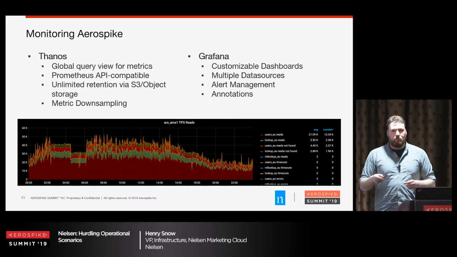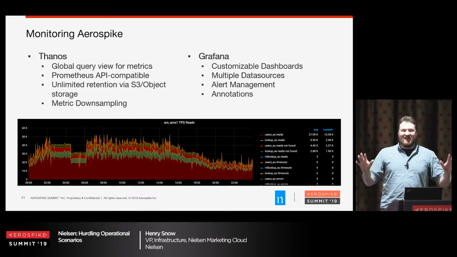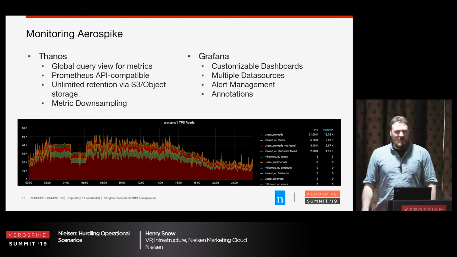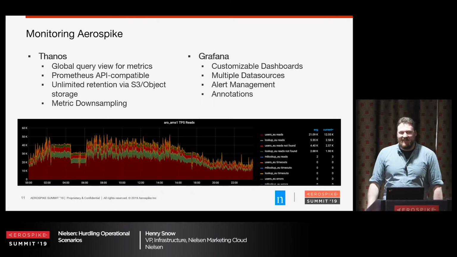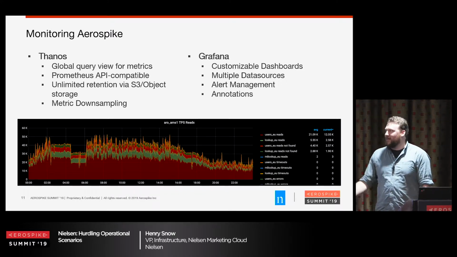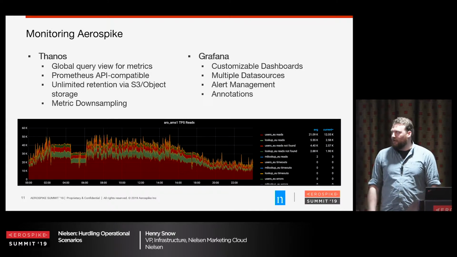It's really hard to Google for Thanos right now and not get spoilers. I haven't watched the movie yet, so I've been on edge. But it provides a completely Prometheus-compatible API. You can integrate it into Grafana and pull out metrics or pull out displays like this in Grafana panels.